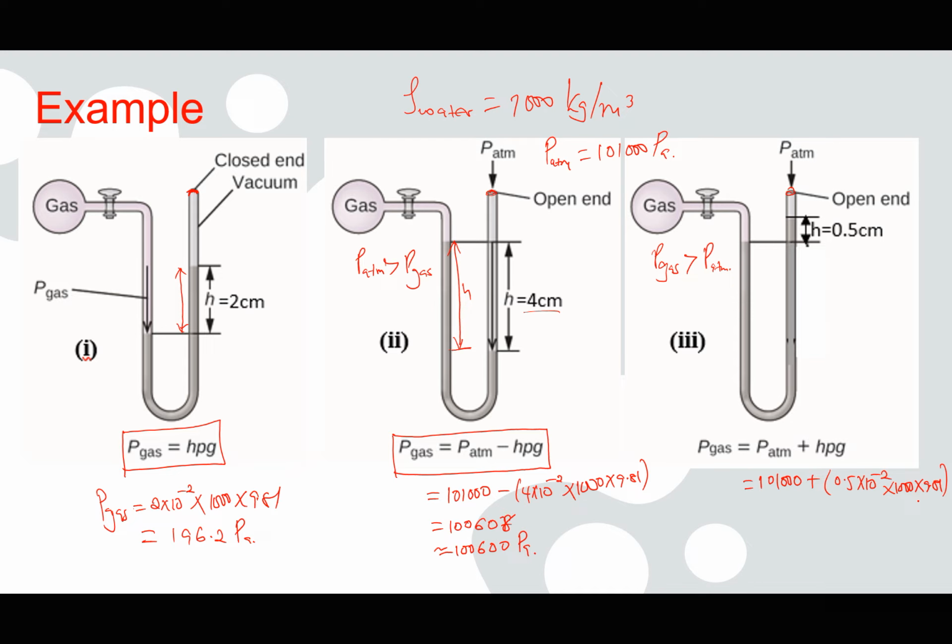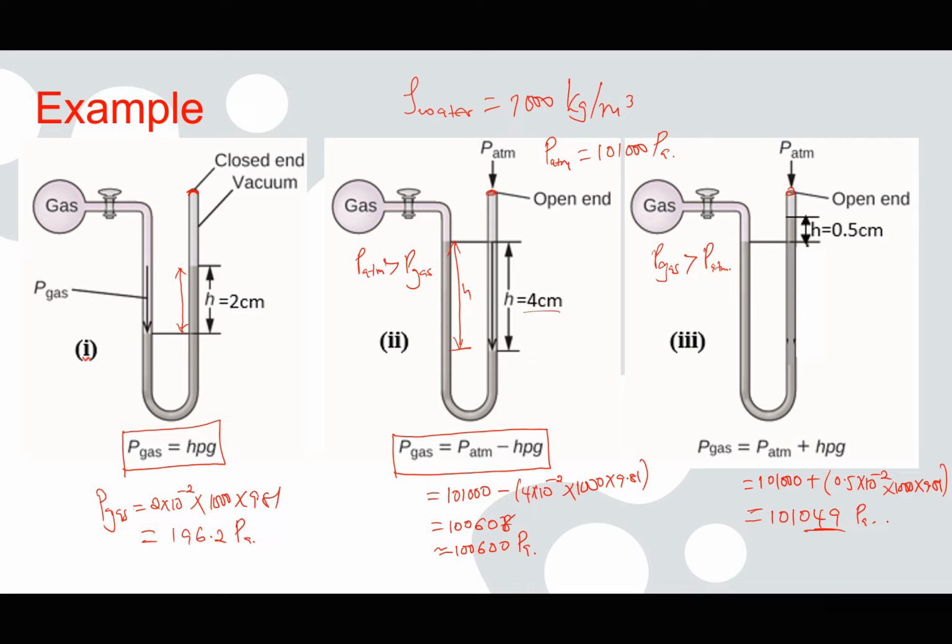So 0.5 times 10 to the power of minus 2 times 1000 times 9.81, then plus 101,000. So this is 101,049 pascals. So this is almost approximately the same, because this is very, very small.